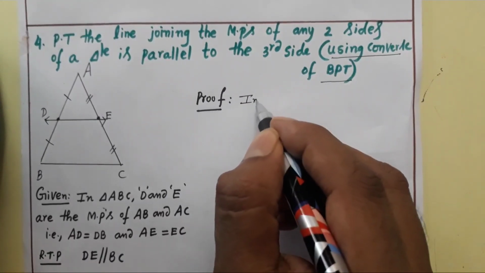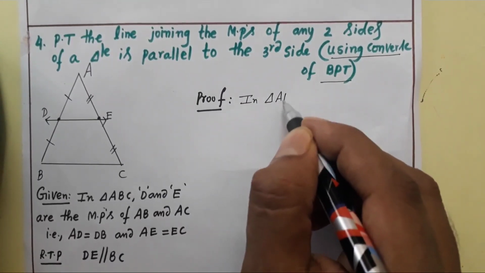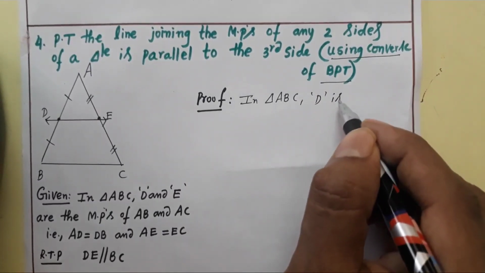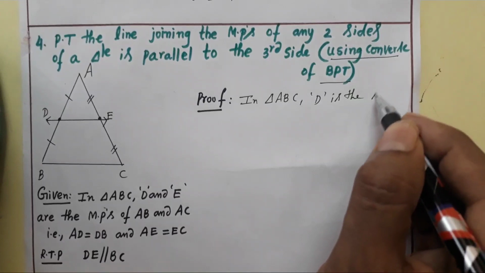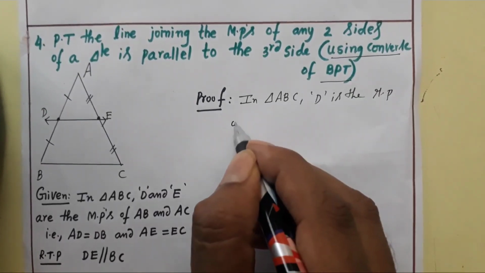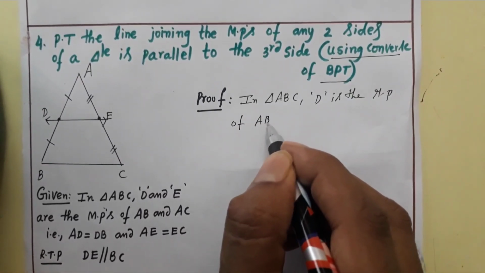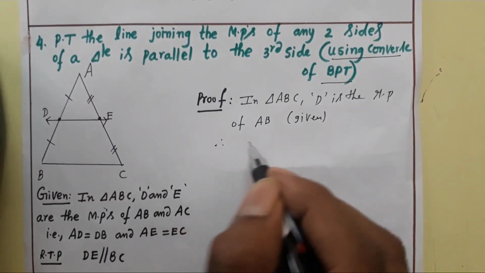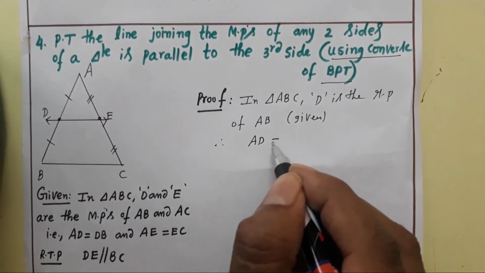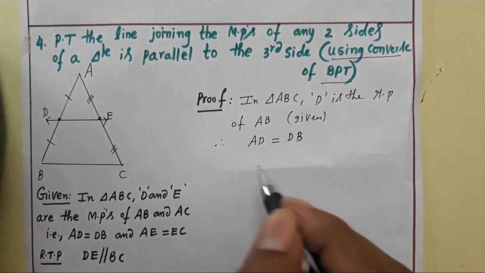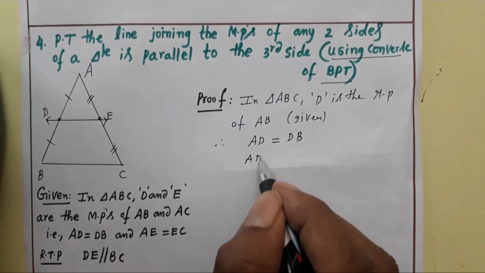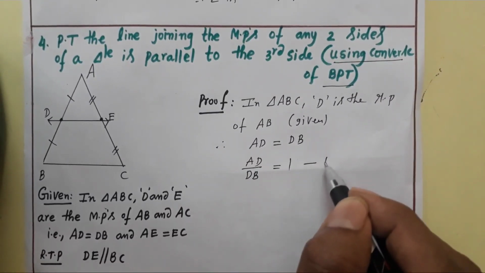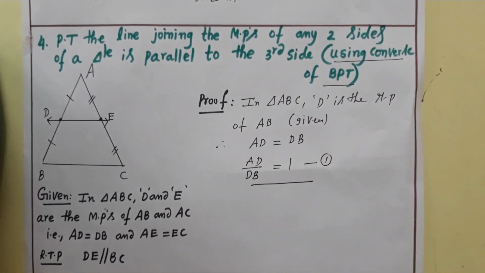In triangle ABC, D is the midpoint of AB. Why? That is given. So you can write AD is equal to DB. This you can write as AD by DB is equal to 1. Let it be first equation.